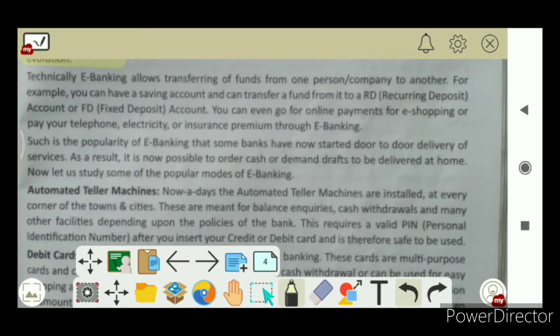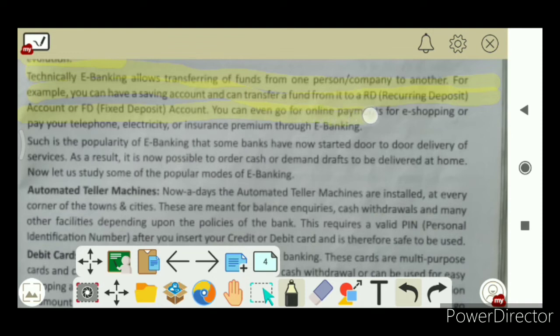So here what has been written: technically, e-banking allows transferring of funds from one person or company to another. For example, you can have a savings account and can transfer funds to an RD, recurring deposit account, or FD, fixed deposit account.